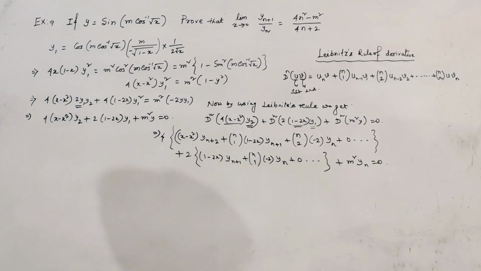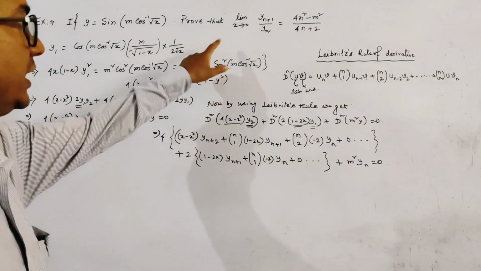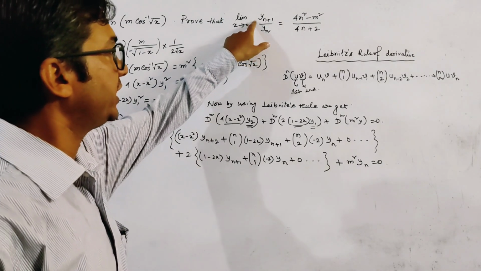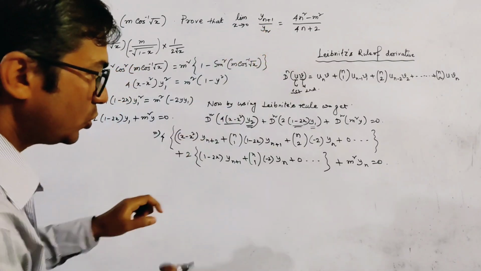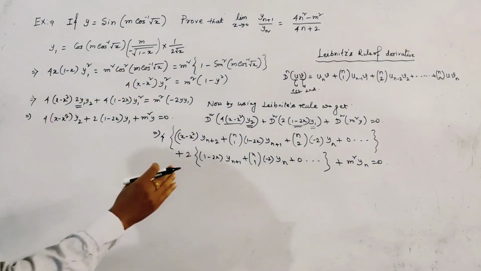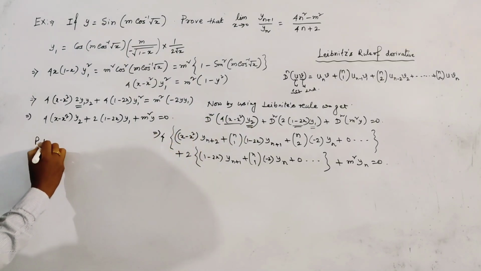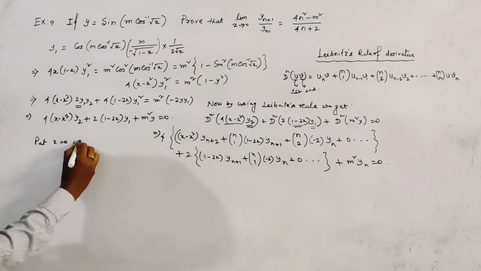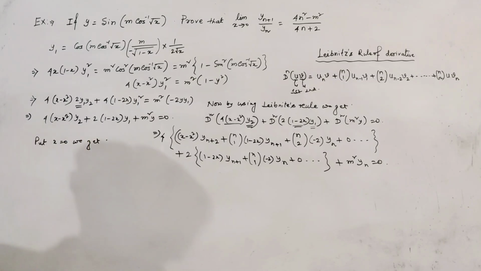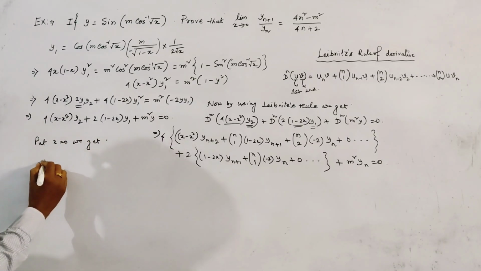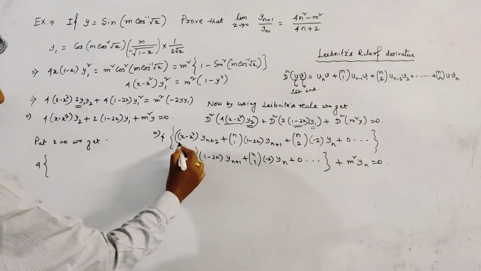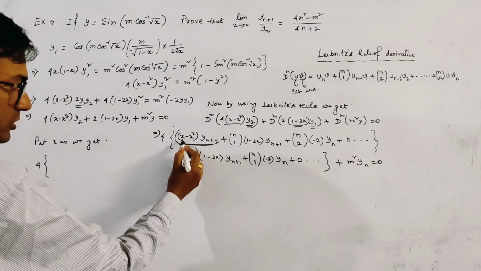Now we have to find the value of limit as x tends to 0 of y_{n+1}/y_n. So we put x equal to 0 in this expression. The first term totally becomes 0, because x − x² is 0.